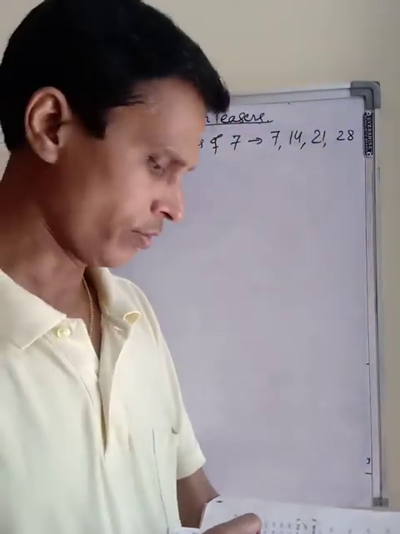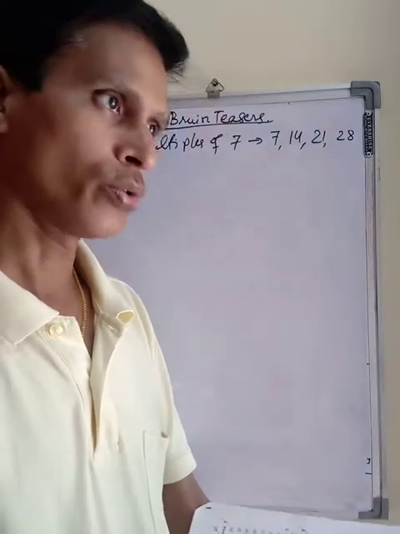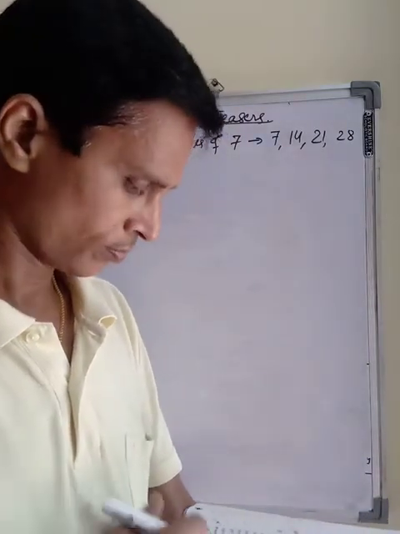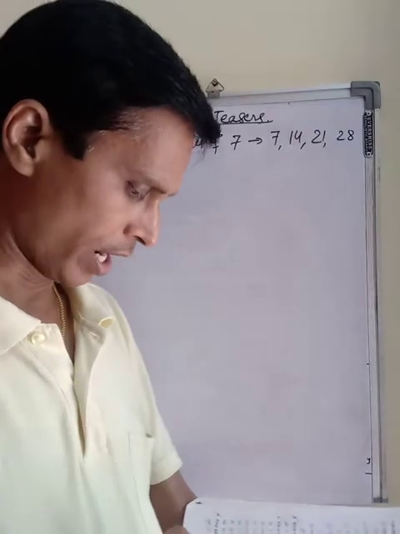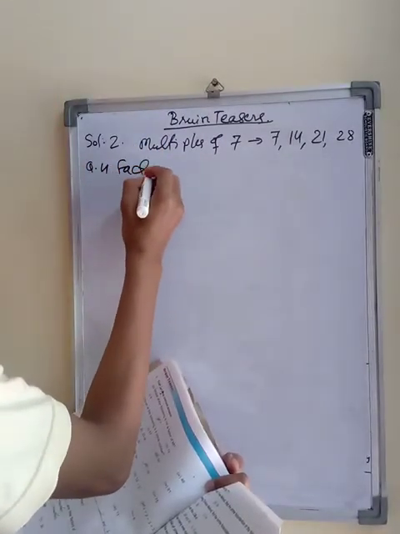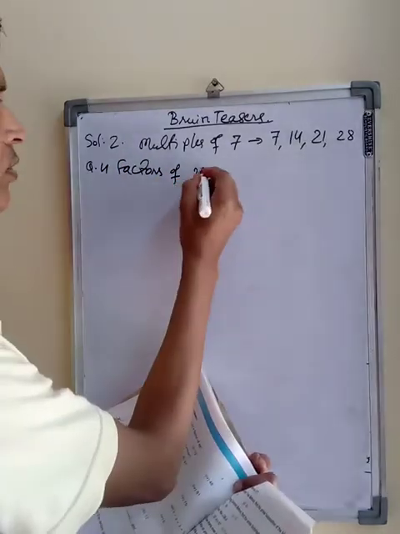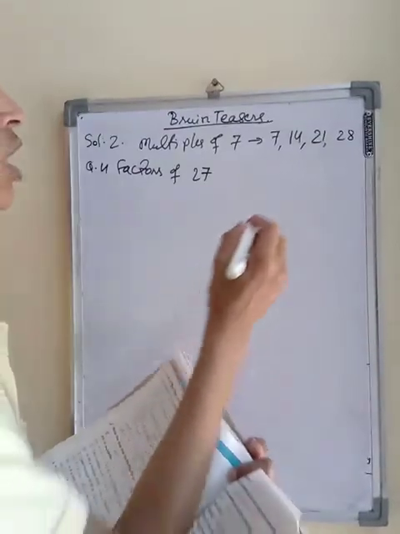Question number 3, fill in the blanks. You read accordingly and fill. Question number 4, find the factors. Factors of 27. I have shown how we can do this.